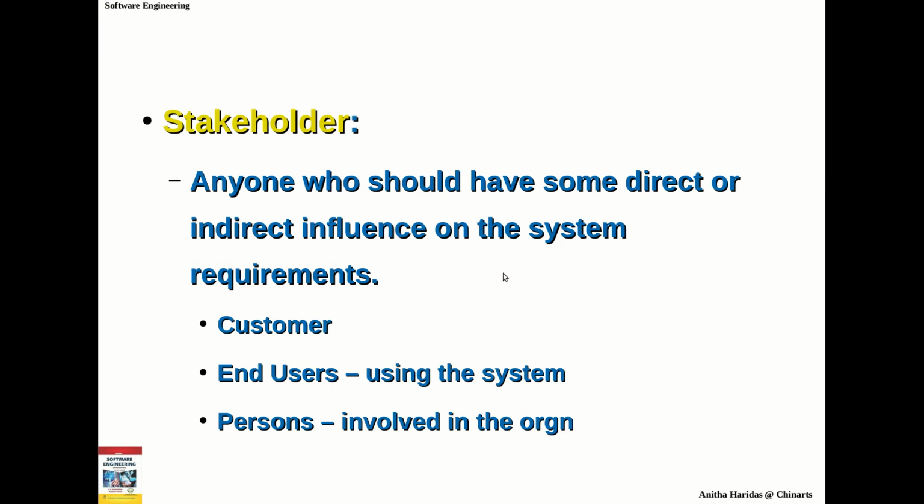Say for example, if it is a college management system, it is influenced by students, teachers, parents, principal, non-teaching staff. These people have direct or indirect influence on the college management system. So obviously these people become the stakeholders of the system.